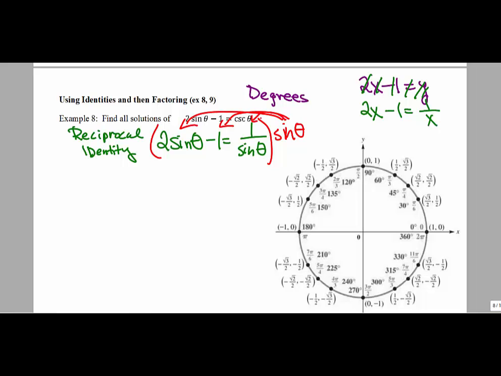So we end up with 2 times sine squared theta minus sine theta equals, and then if we think about this as a fraction, we multiply across, we end up getting 1 because those sine thetas will cancel out.